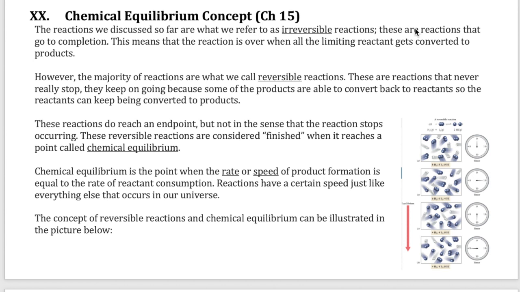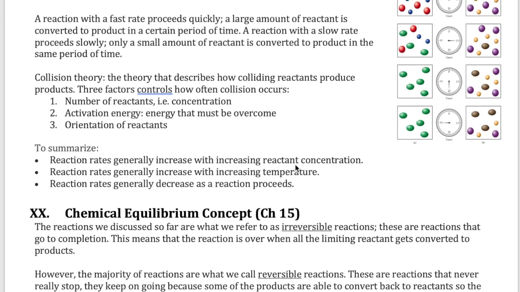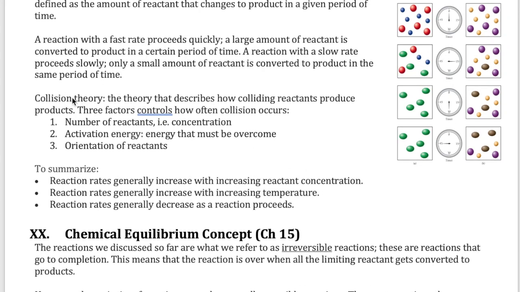Now, you might say, well, don't all reactions end up making products? Well, they do. However, there are some reactions where once they make products, the products can go back and make reactants again. And this is all based on that idea that collisions are what's causing a reaction to occur.